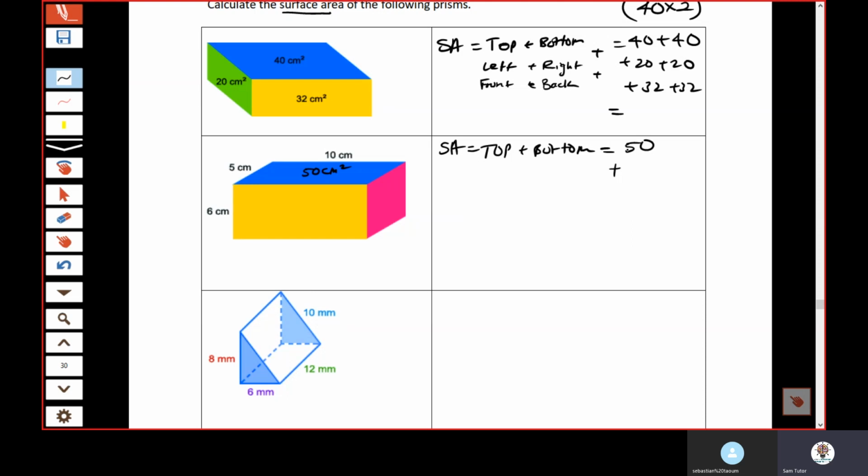It doesn't matter. All right, are you okay with the top now? Top and bottom, 50, times 2, because you got the top and the bottom. Then you've got left and right. All right, what's the left and right? Well, how big is this bit?